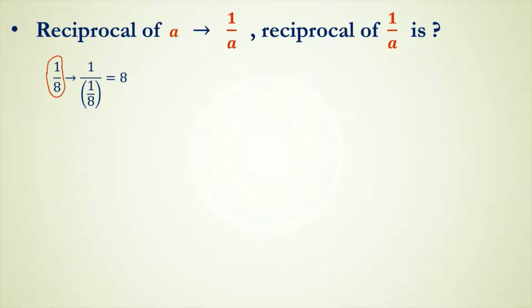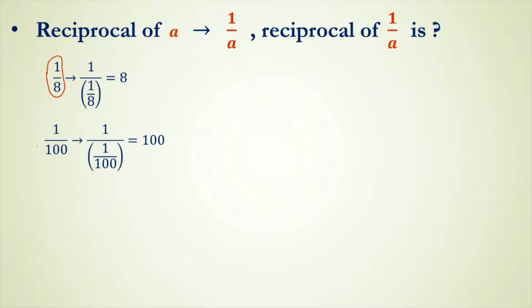The reciprocal of this whole thing is 1 over this whole thing. And this whole thing is 1 over the number 8. So it becomes 1 over 1 over 8. And if we evaluate this, the number is 8. So the reciprocal of 1 over 8 is actually 8.